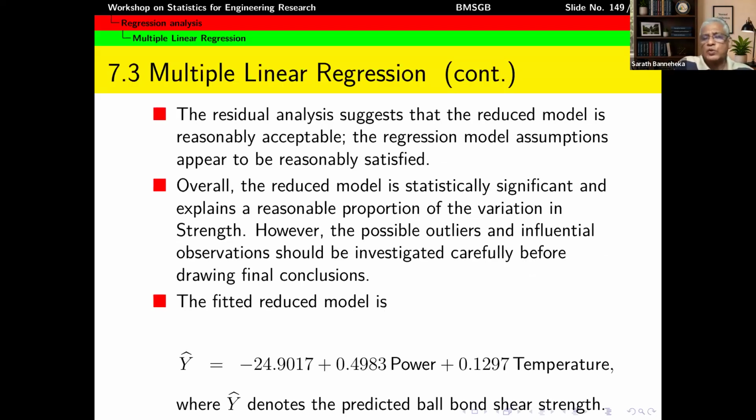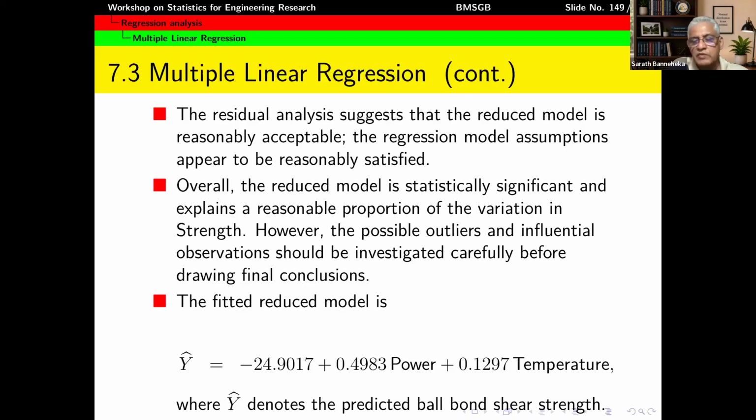So overall, we can say the residual analysis suggests that the reduced model is reasonably acceptable. The regression model assumptions appear to be reasonably satisfied. Overall, the reduced model is statistically significant and explains a reasonable proportion of the variation in strength, nearly 66%, more than 60%. However, the possible outliers and influential observations should be investigated carefully before drawing a final conclusion.